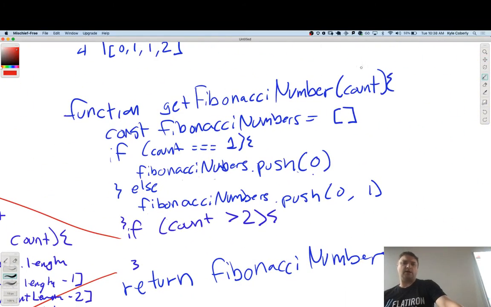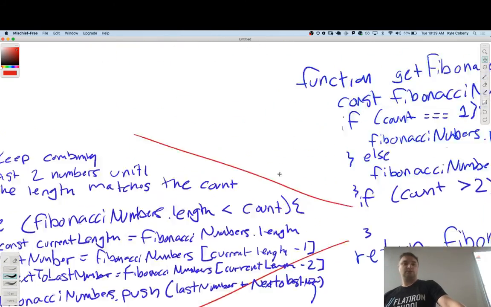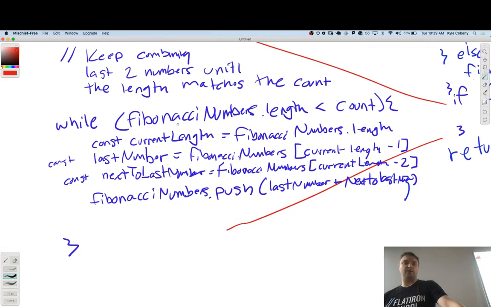I say, all right, I'm passing in 4. I initialize an empty array. If the count is 1, well, it's not. So I'm pushing in 0 and 1 to that. If the count is greater than 2, well, by Jove, it is. So I go over here. Well, Fibonacci numbers.length, which is currently 2, is less than count, which is 4.